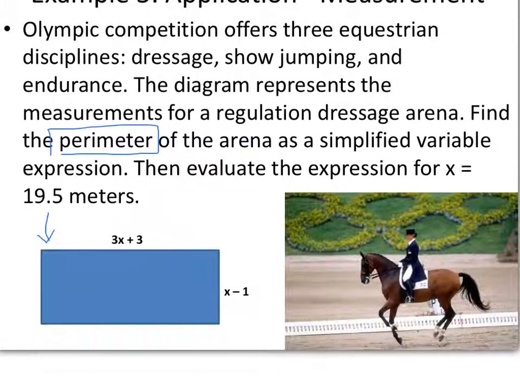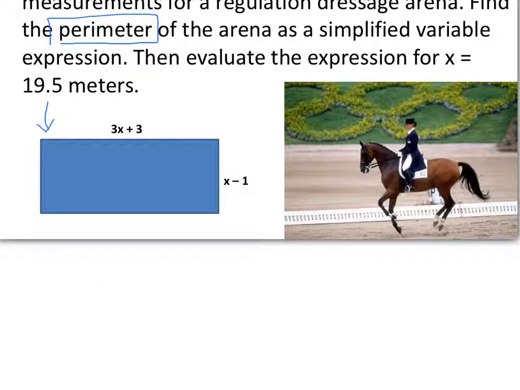If we are trying to find the perimeter of a rectangle, how do we find it? Well, you're going to have 2 lengths, so 2 times L, plus 2 widths, so 2 times W. So that's how we would find the perimeter of a rectangle.